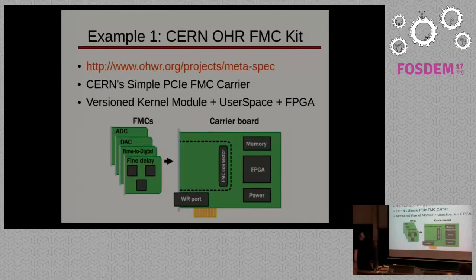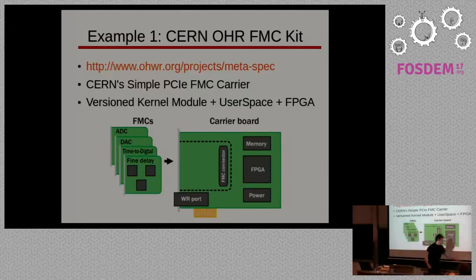As a couple of examples, we have used this with the CERN Open Hardware Kit in order to provide, just for internal use by the moment, automatic support for all different modules, different hardware that can be inserted in a carrier board.